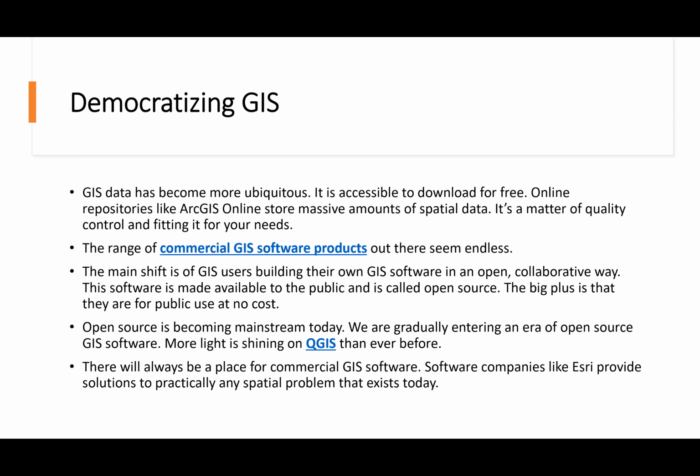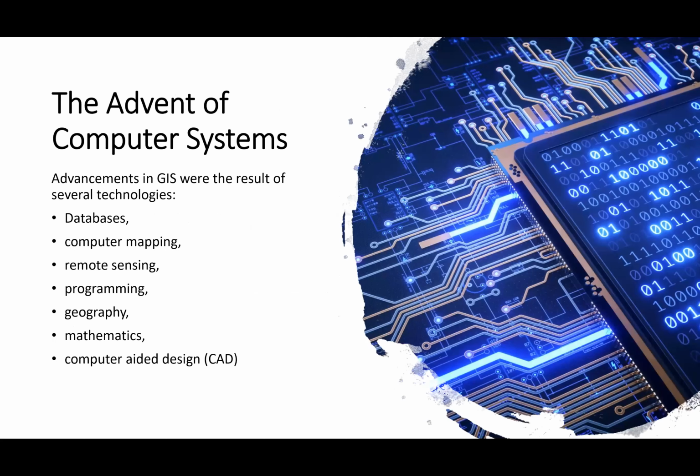And you can find, again, smaller proprietary products at cost to do specific things that you want to do with respect to spatial analysis. We also have the advent of computer systems. I've kind of alluded to this throughout our talk. Advancements in GIS were the result of lots of different advances in technologies.